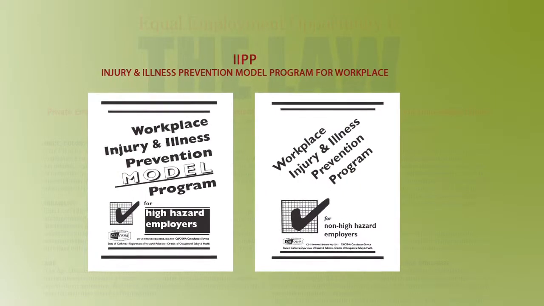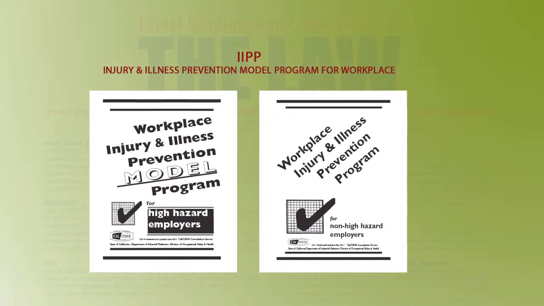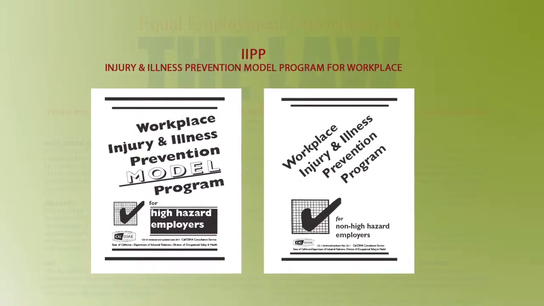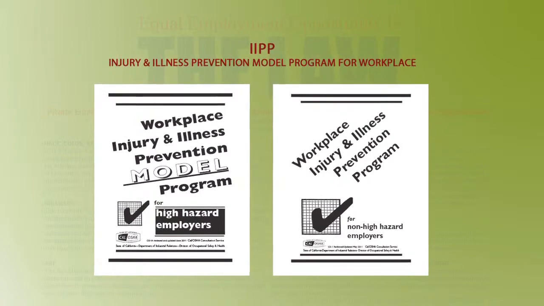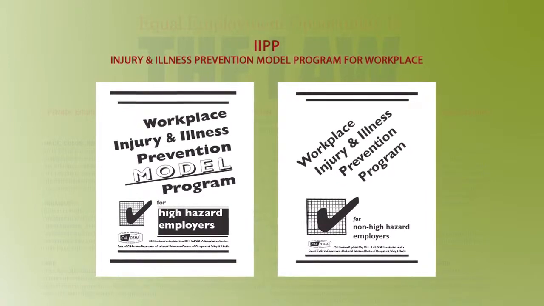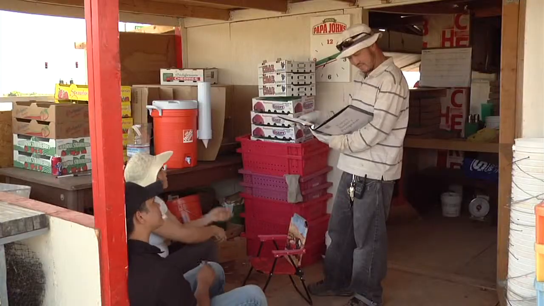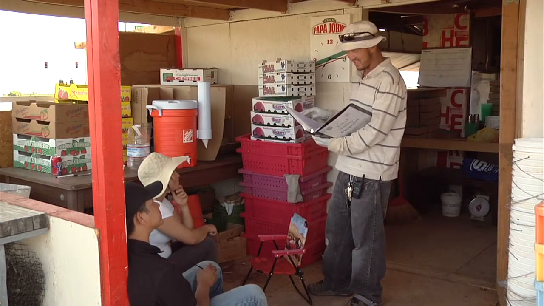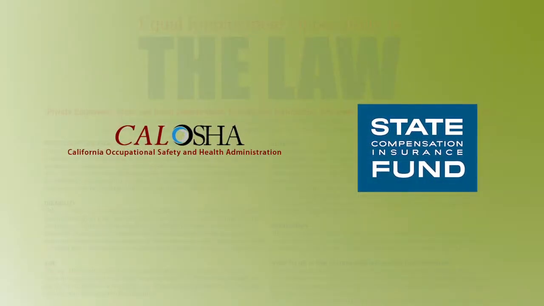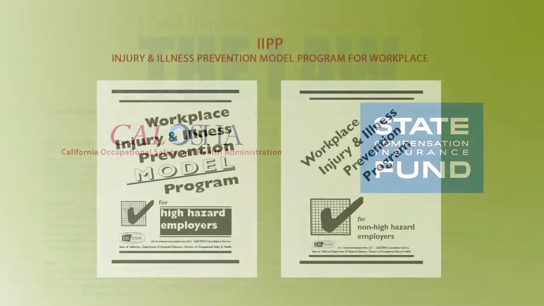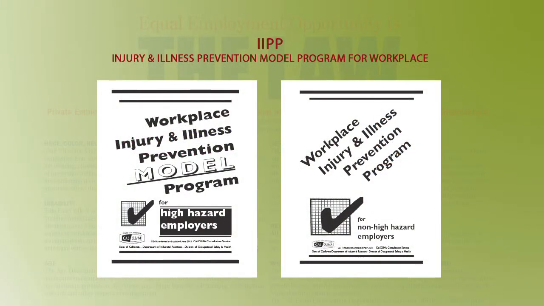Have an injury and illness prevention plan, or IIPP, that outlines who is in charge, what hazards are on your farm, and document any accident or injury that takes place. Provide training to workers in safe handling of chemicals and what to do if exposed. Contact Cal OSHA or State Compensation Insurance Fund for a sample IIPP model.